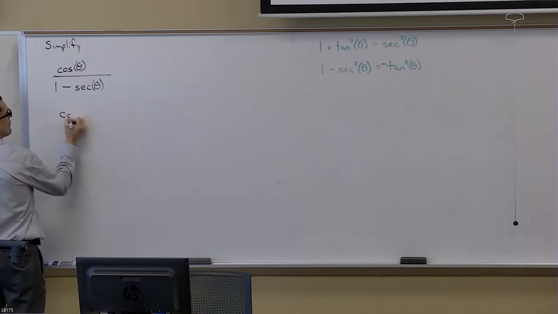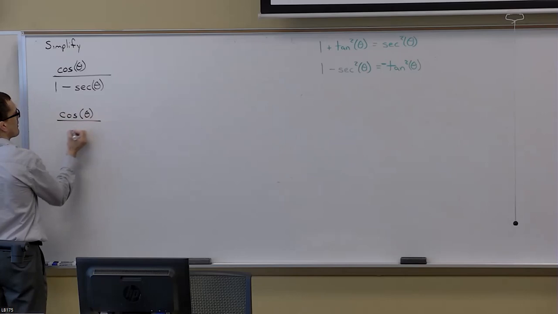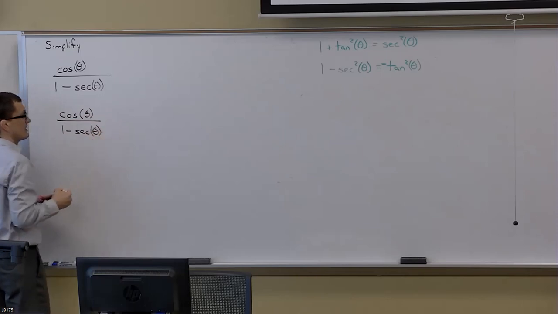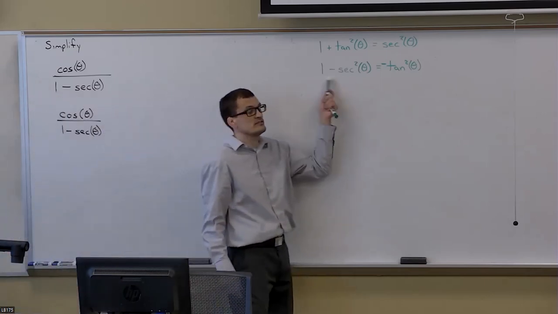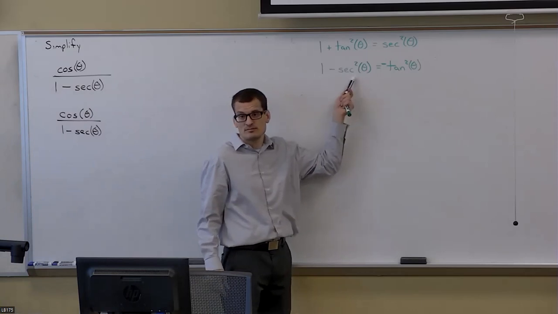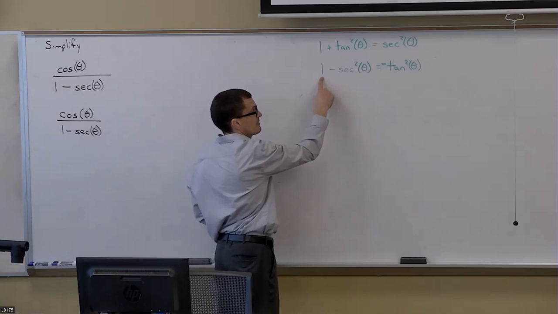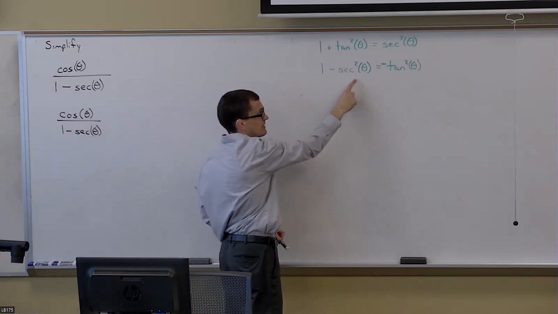So how do I create 1 minus secant squared if I have 1 minus secant on the bottom? Well, this is a difference of squares. If I take the square root of 1, I get 1. If I take the square root of secant squared, I get secant.